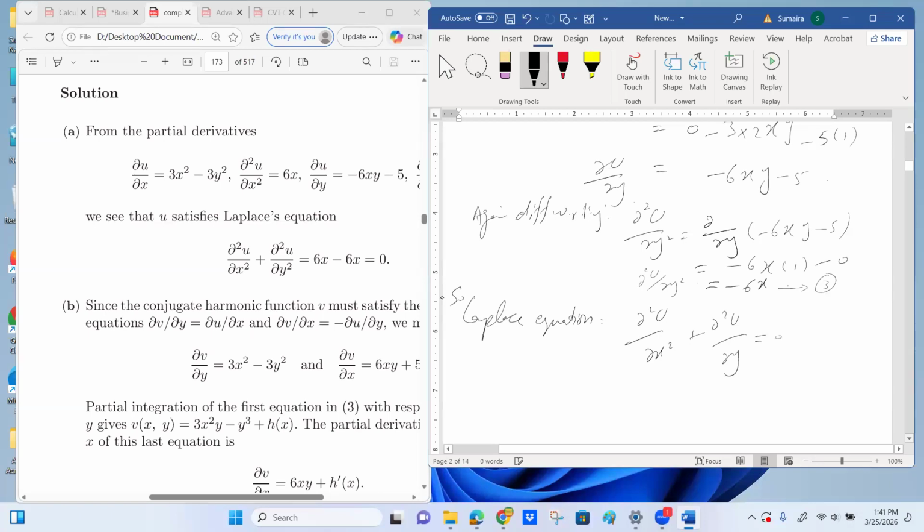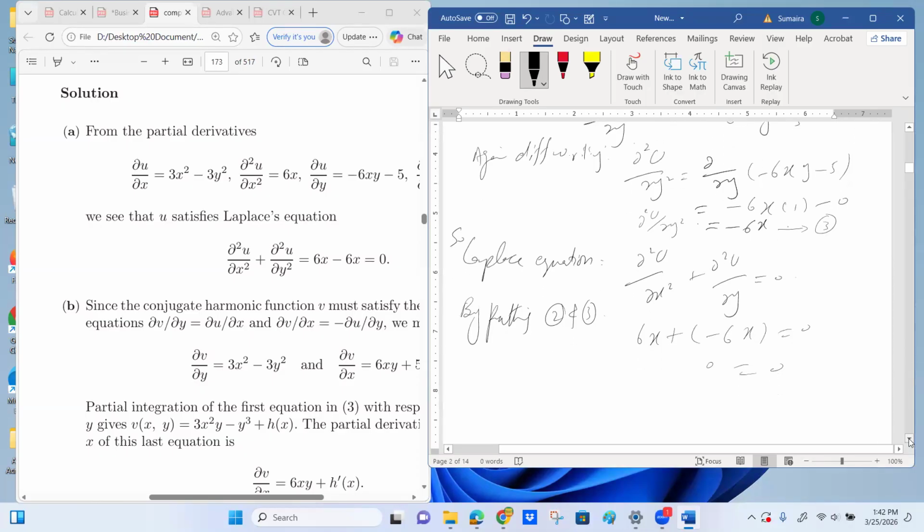By putting equations number 2 and 3, its result is 6x plus minus 6x, so 0 is equal to 0. Now the Laplace equation is satisfied.